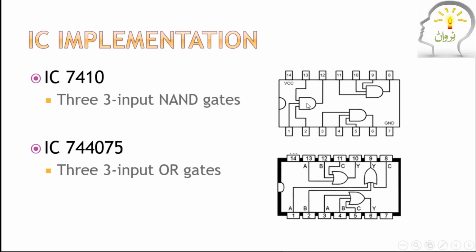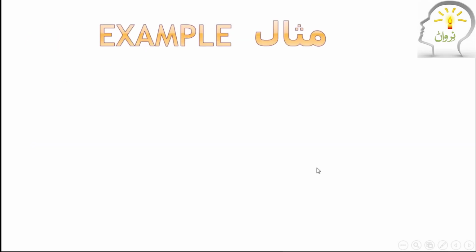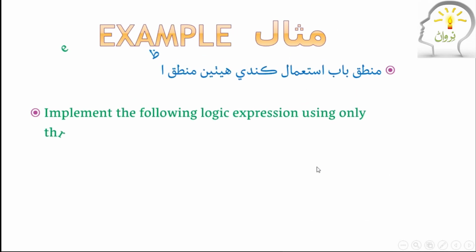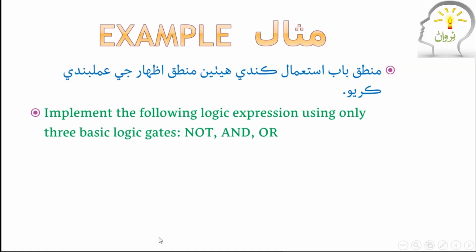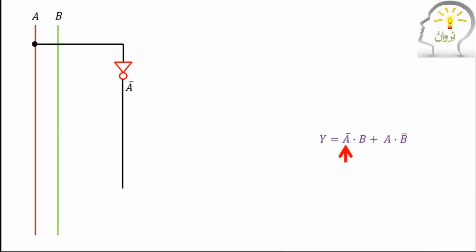3 inputs. This has 3 inputs. Okay, now there is an expression you need to implement using logic gates. This expression you will implement using logic gates. You use a NOT gate. This is input A, output is A complement.